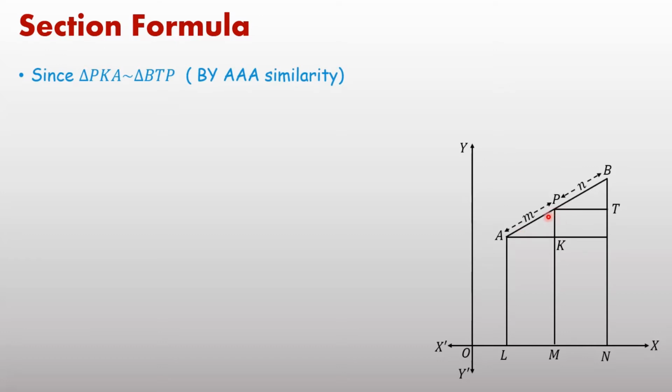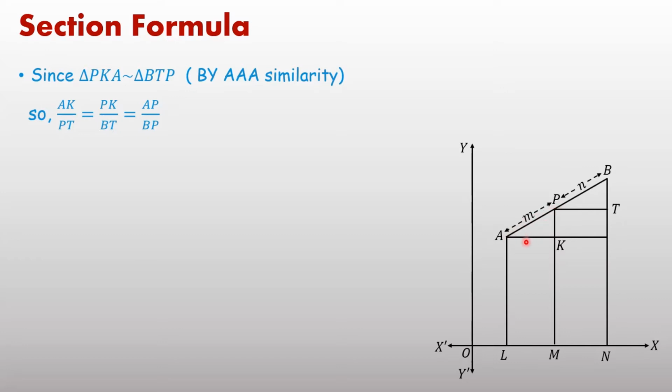Similarly, the third angle is also equal to the third angle of the second triangle. Means both triangles are similar to each other. And if both triangles are similar, corresponding sides are in the same ratio. Means we can write ratio of their bases, AK upon PT, equal to ratio of their perpendiculars, PK upon BT, equal to ratio of their hypotenuse, AP upon BP.